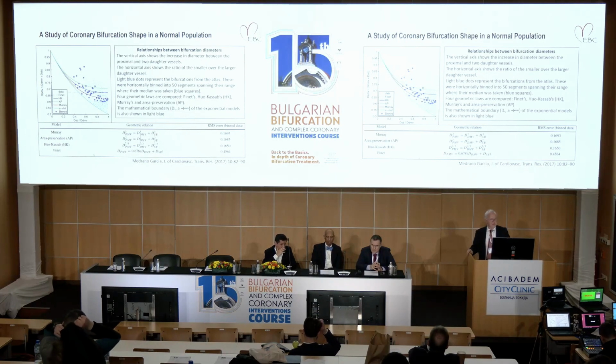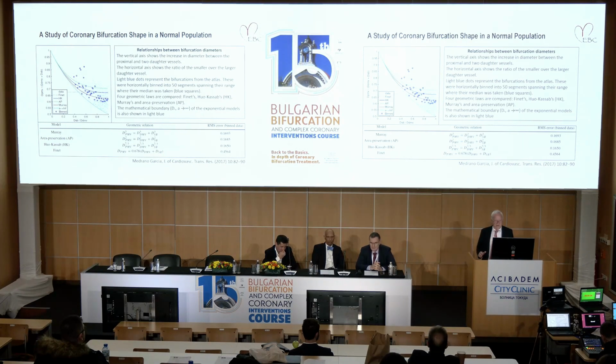So these are the several possibilities to analyze the branching of a vessel. The oldest is the Murray, which is forgotten today. Second was certainly area preservation, known for valves, for example.